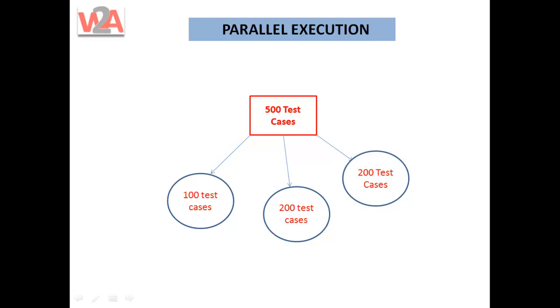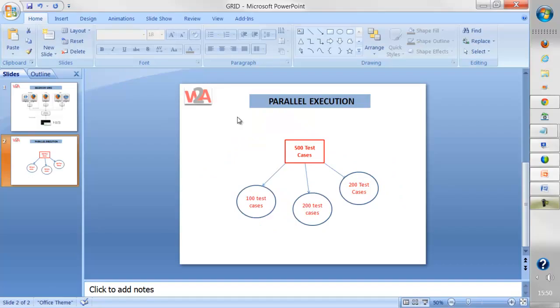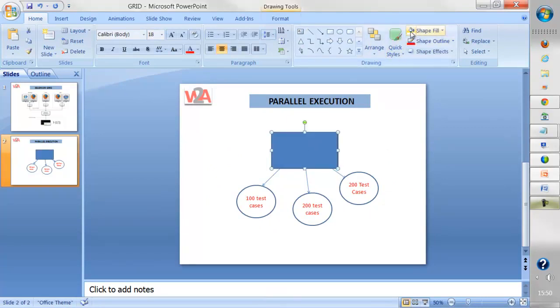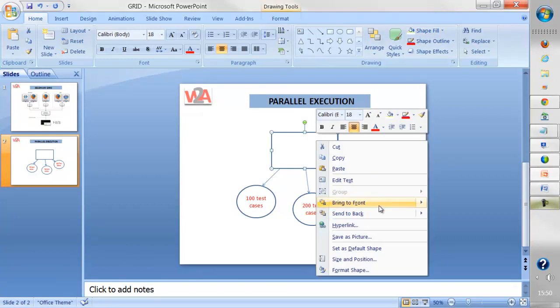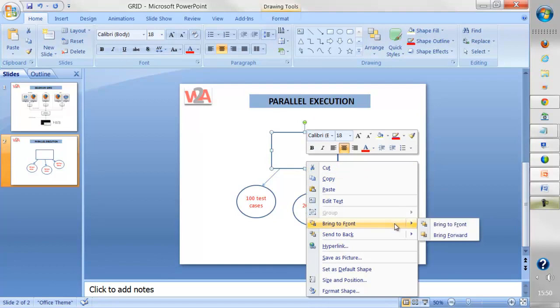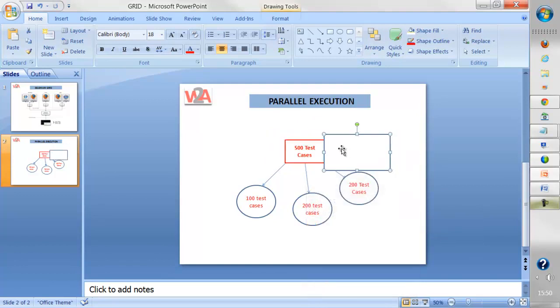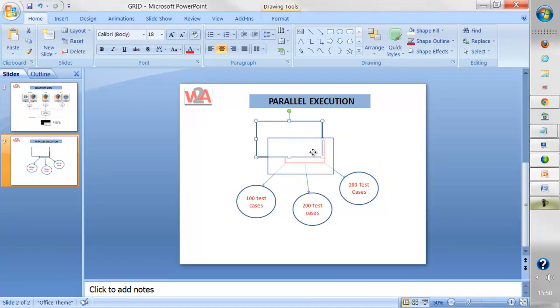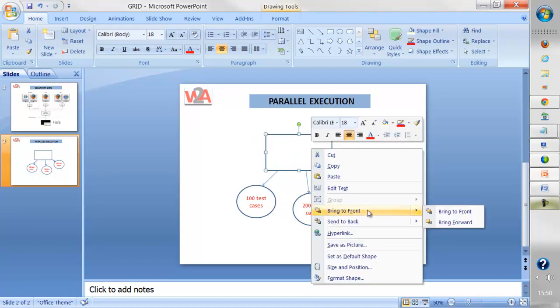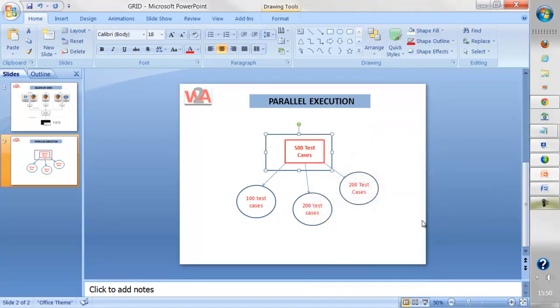Right now, let's say I have a hub over here, let's say this is my hub, and I have 3 nodes over here.